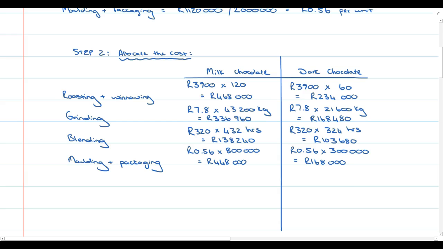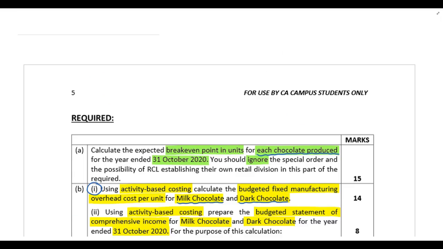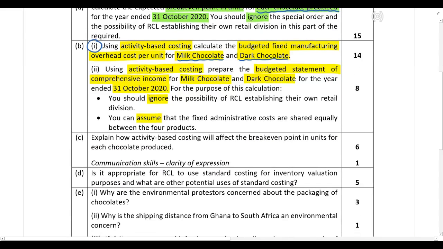All right, so we've looked at allocating the cost for all 4 different activity areas. We can now calculate the total cost that will be allocated to milk chocolate and dark chocolate. Then just make sure that you actually answer the required.